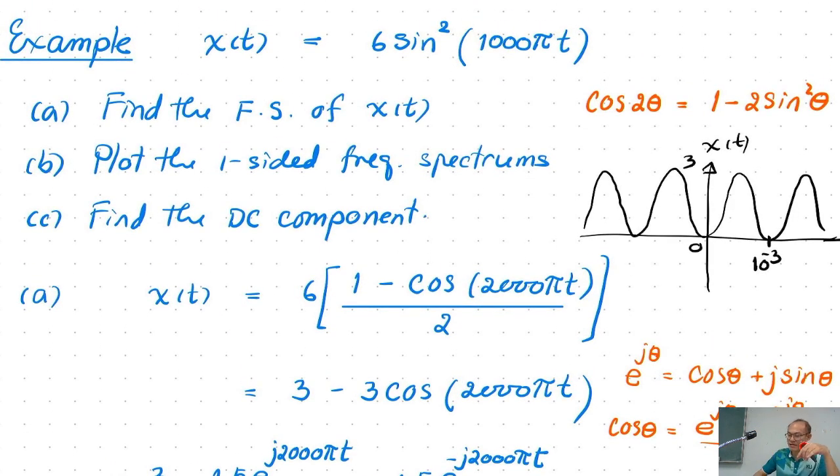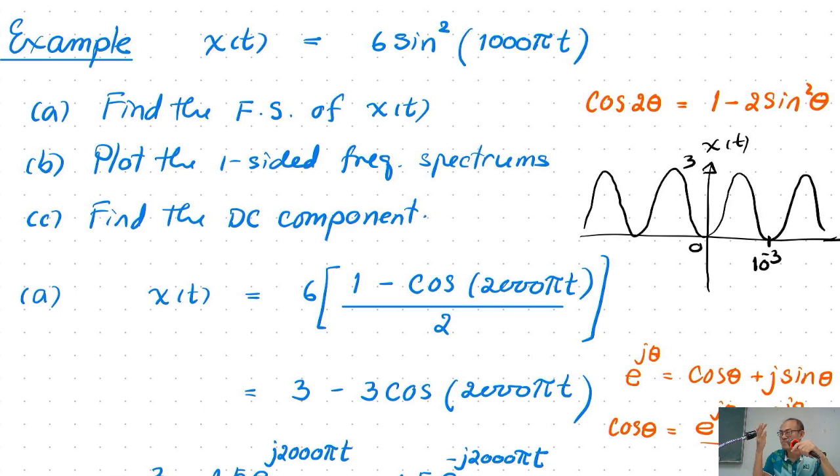So this example tells you that sometimes when you want to find CK, especially for sinusoidal signals, there may be some other ways to do it, and maybe a lot easier than the direct approach.